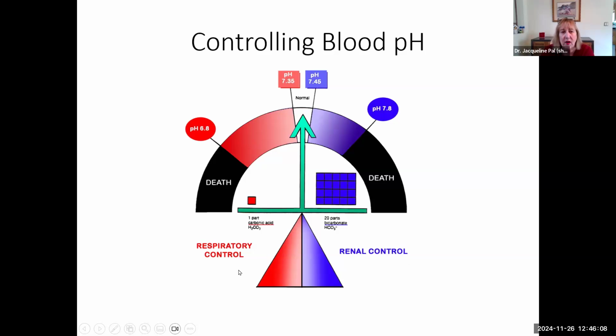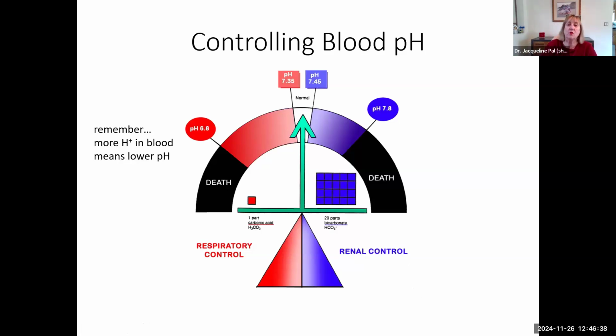With the respiratory control dealing with the carbon dioxide, which we can do really quickly just by changing our depth of breathing and our rate of breathing, and the renal control by our hydrogen ion and our bicarbonate ion, either reabsorbing them or excreting them. And don't forget, more hydrogen ion in the blood means a lower pH.